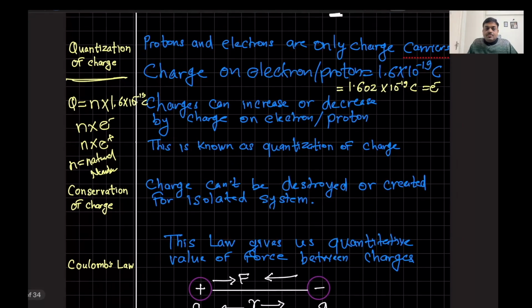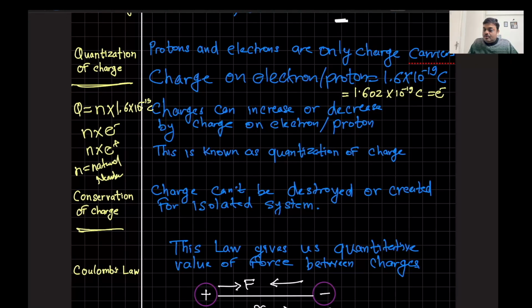Next is the conservation of charge. The charges cannot be created or destroyed for an isolated system. So for an isolated system, if we have some charge, say n e, it will remain n e forever unless it interacts with an external system. So the net charge remains the same for an isolated system.